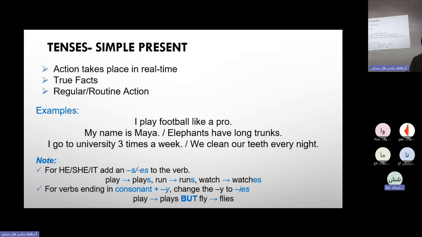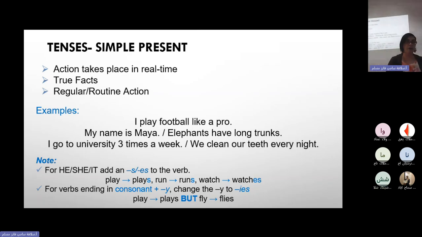Okay, the simple present. When do we use the simple present? When? Exactly. When we talk about a usual action, we do it a lot, constantly. Okay? Or when we talk about an action that takes place in real time. مش هلا اللي هو continuous ولكن في الحاضر بتصير.